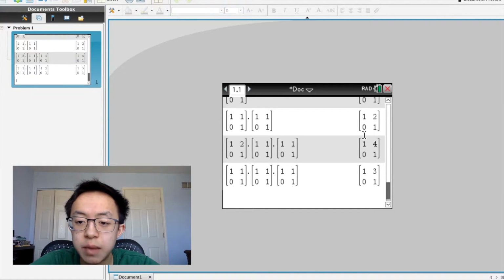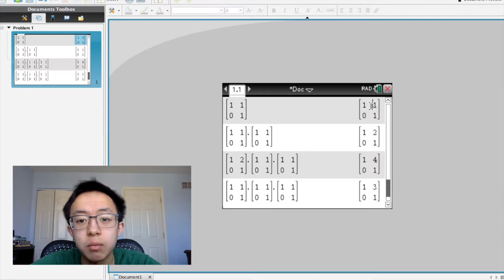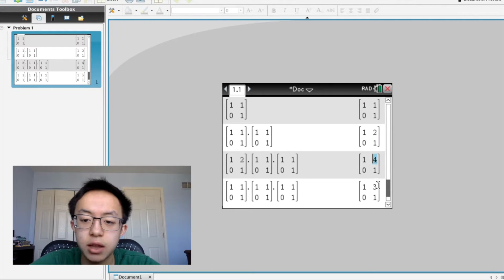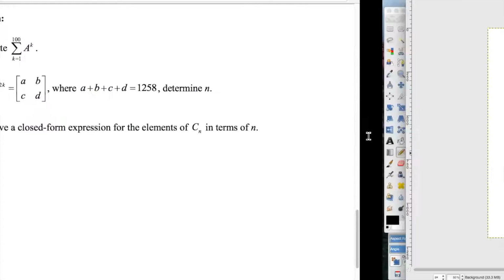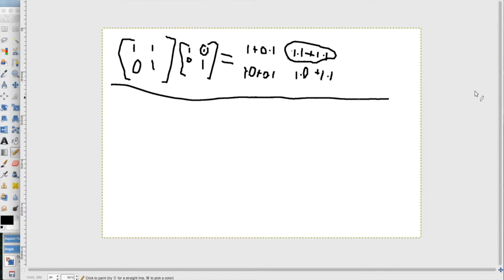You can see through this pattern that the rightmost term increases by 1 every time you raise it to a new power, but the other terms in the matrix are constant. The leftmost term is always 1, this term is always 0, and this term is always 1. The reason this works is that when you multiply the matrix by itself, only the rightmost term is not multiplied by 0, so it's the only one increasing.